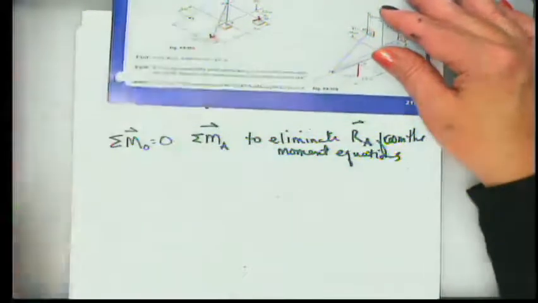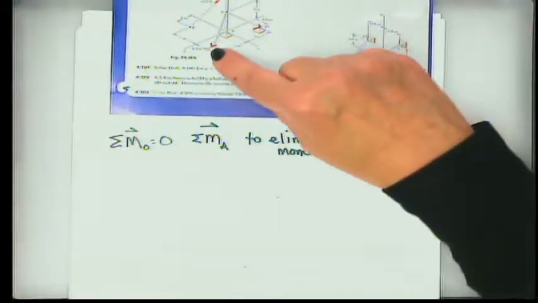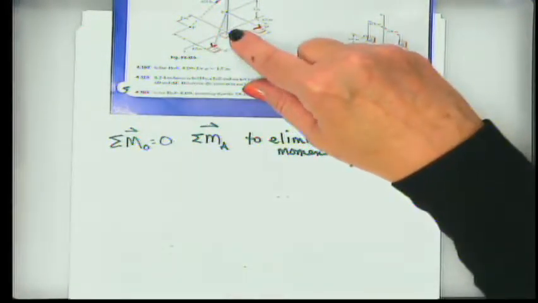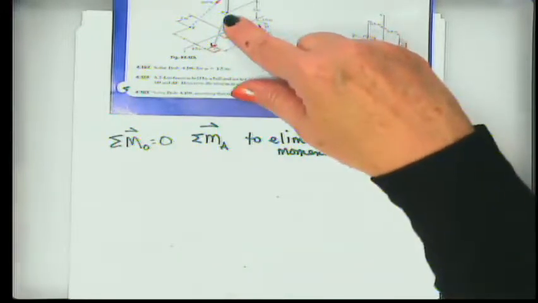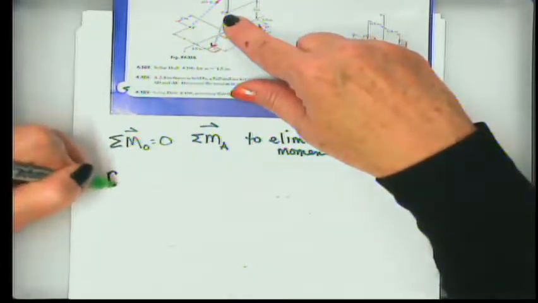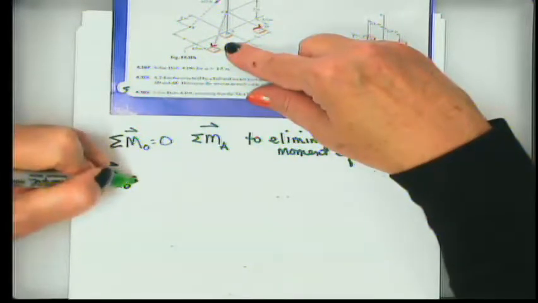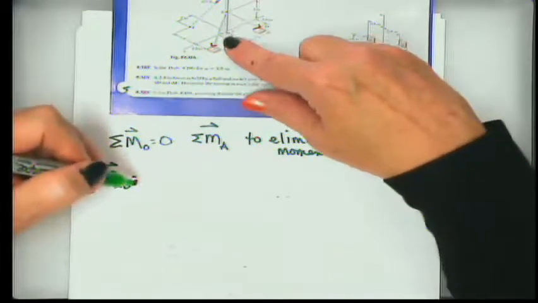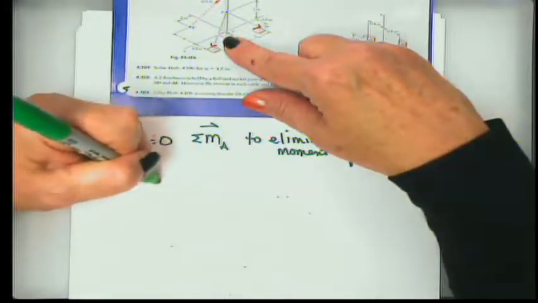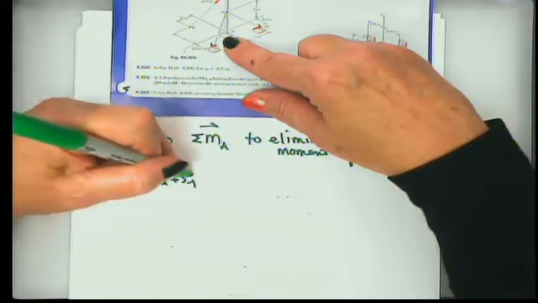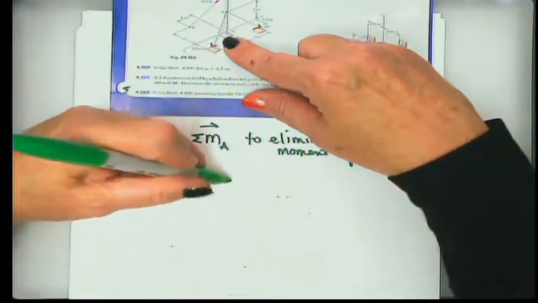All right. So if you look at these two, they're both from A to some point of action. If we just use R as being from A to B, which is purely y, and the distance is 3 meters, that's going to be 0i plus 3j plus 0k.